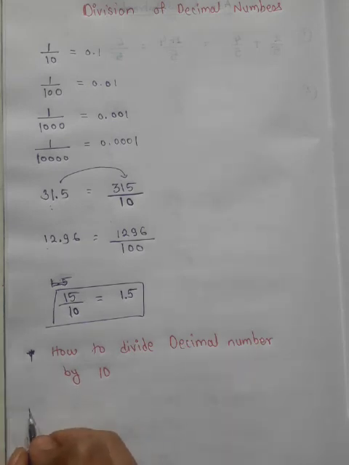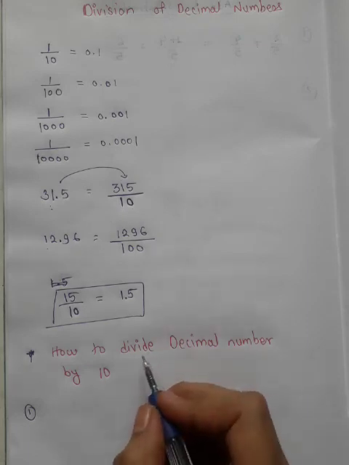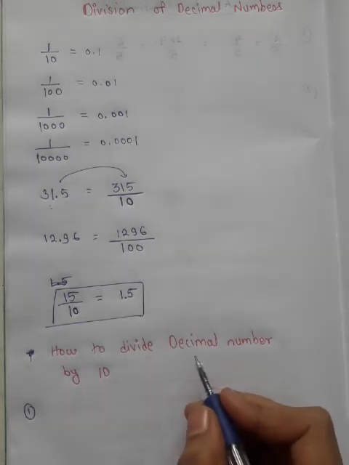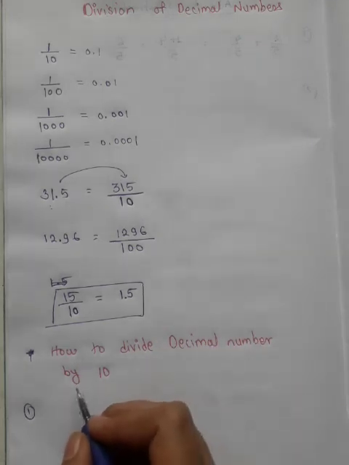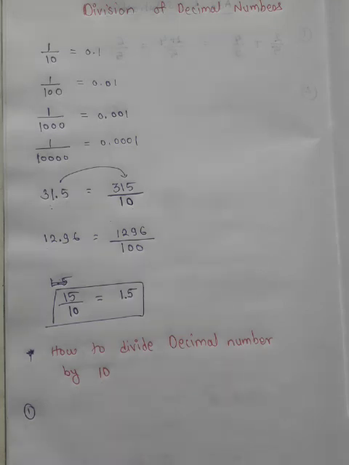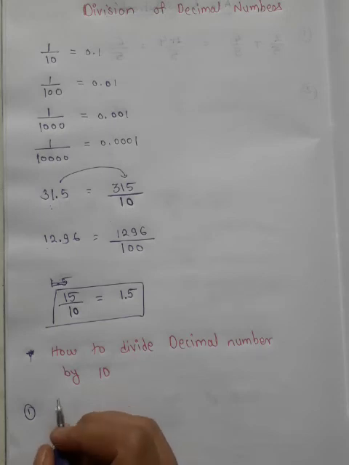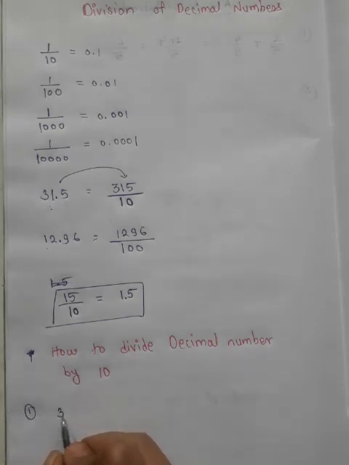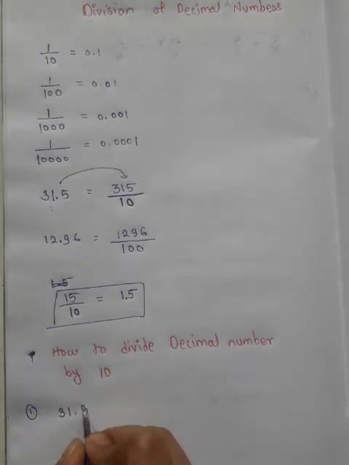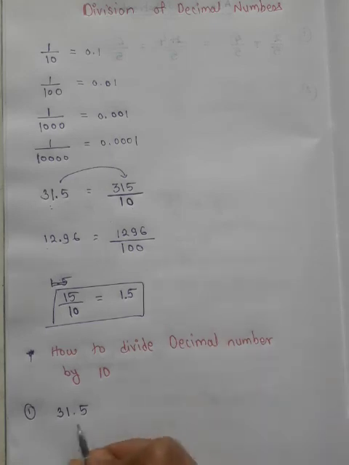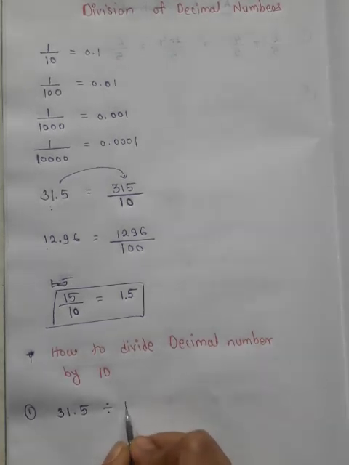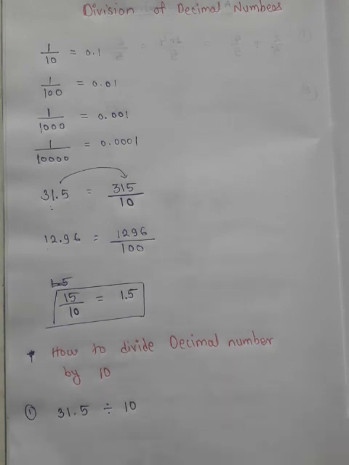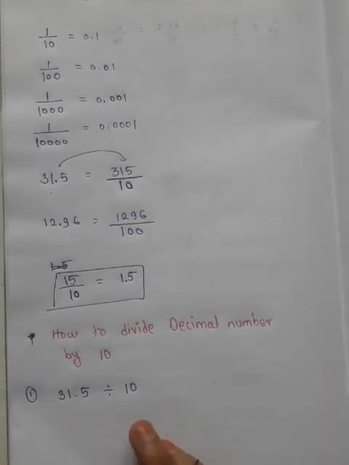In this part we are going to discuss how to divide a decimal number. Means if we take any decimal number and we have to divide it by 10. Okay, so I'll take just 31.5, a decimal number, 31.5. We have to divide it by 10. Then how to divide the decimal number by 10?